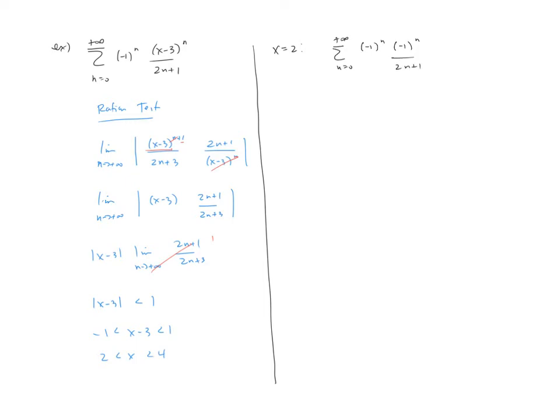Now, we know the (-1)^n, these are alternators. If they're both positive, they're both positive. If they're both negative, then we multiply and we get a positive. So in reality, what just happened is we're able to simplify now and be left with 1 over 2n plus 1. So now I need to determine if that is convergent or divergent.